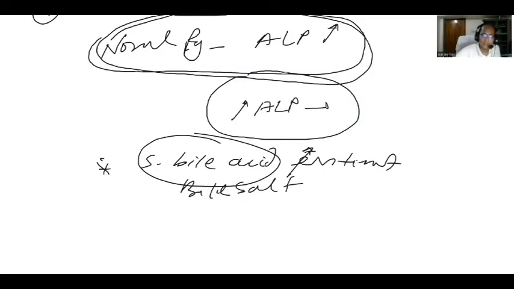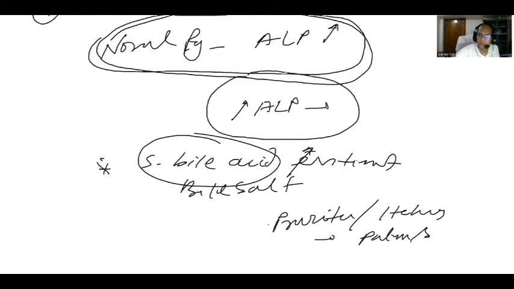And this obstetric cholestasis patient presents with pruritus, that is itching, of the whole body, most importantly palm and sole. And we know the pruritus in obstetric cholestasis is due to the accumulation of a high level of bile acid.